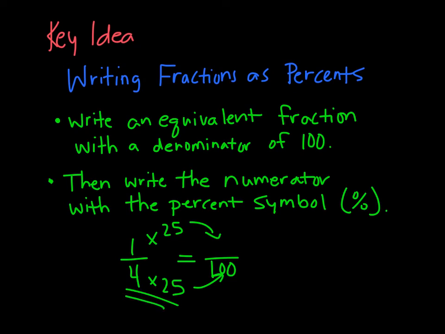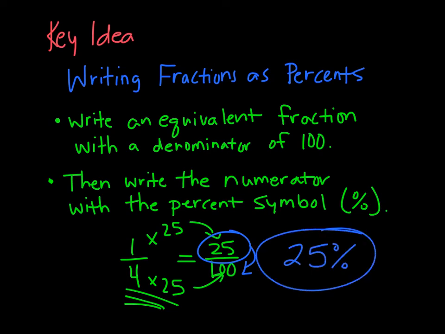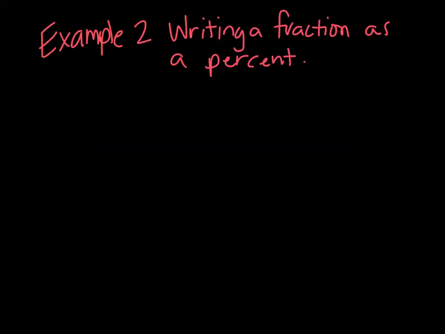This is kind of where I'm looking first. And 1 times 25 is 25, sorry. It says, then write the numerator with the percent symbol. So what I'm looking at here is my numerator. If it's over 100 already, that's my percentage, 25%. So 1/4 equals 25%.